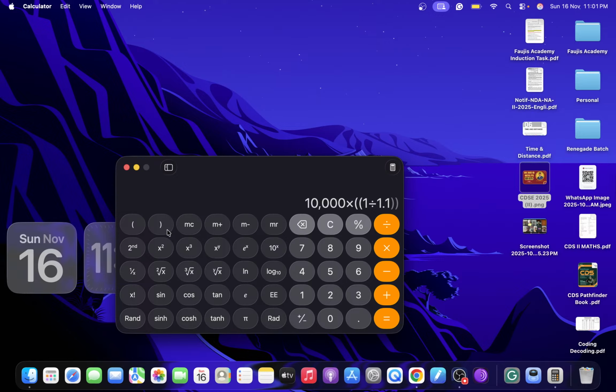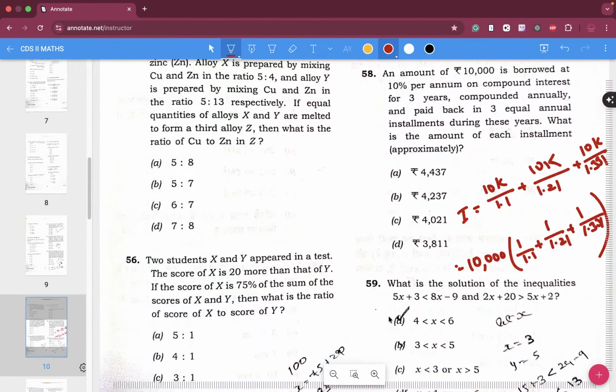Then one of the brackets closed, and then plus, then we'll open one more bracket, 1 divided by 1.21, then close this bracket, plus, open one more bracket, 1 divided by 1.331. Then we'll close both brackets and press enter. 24,868. It's not there. Why is it not there?